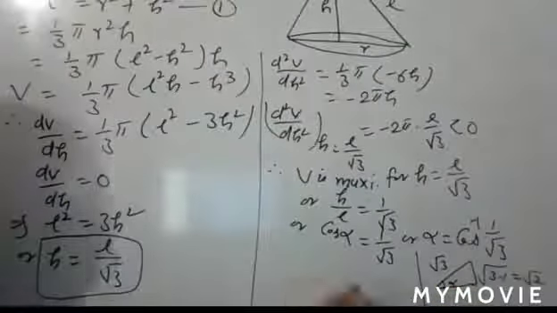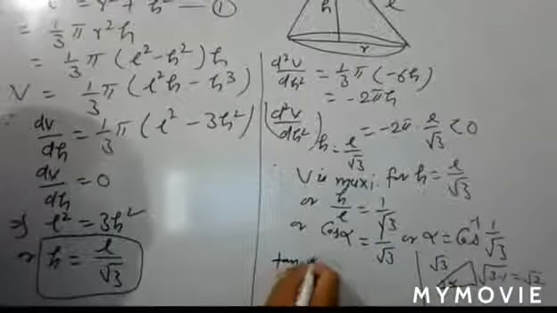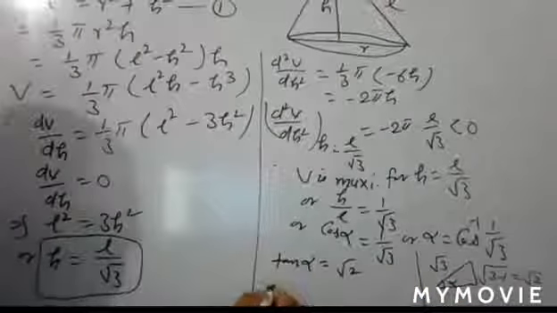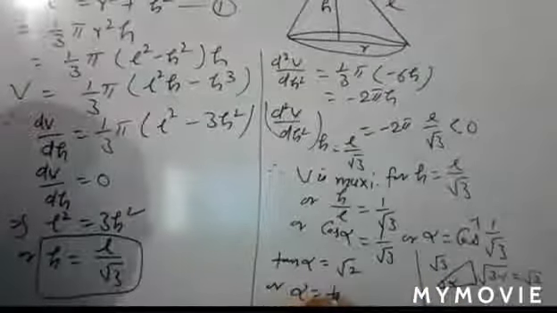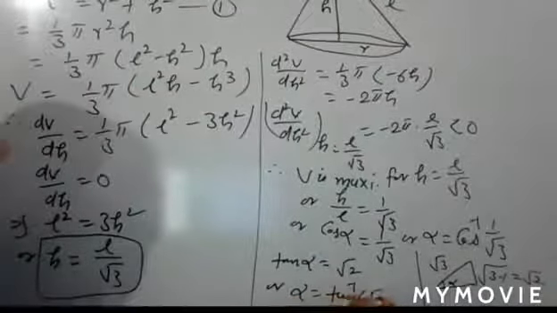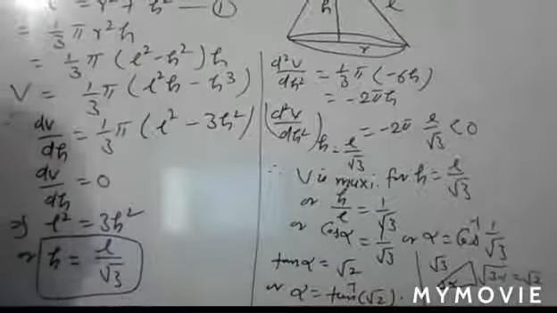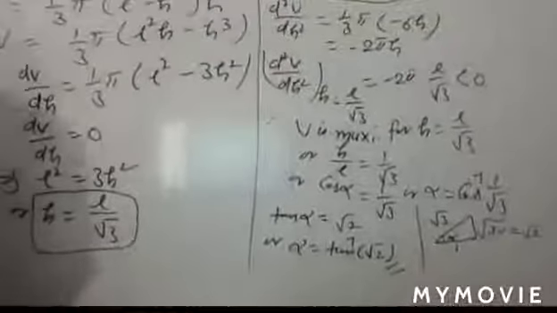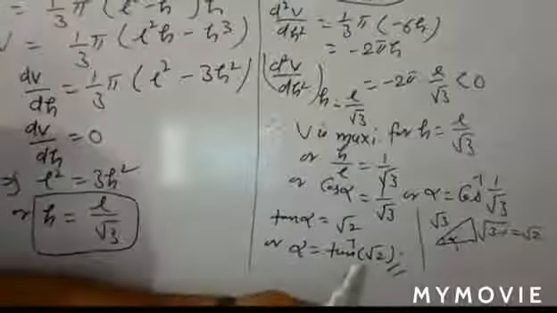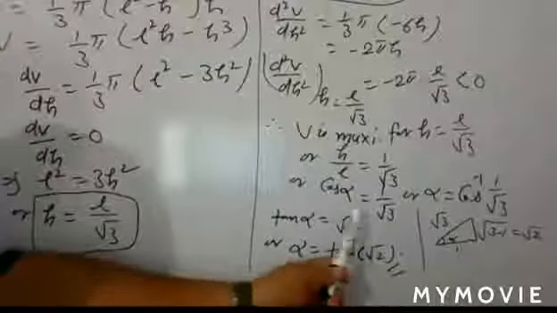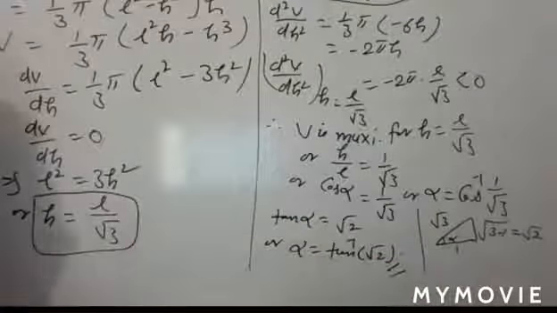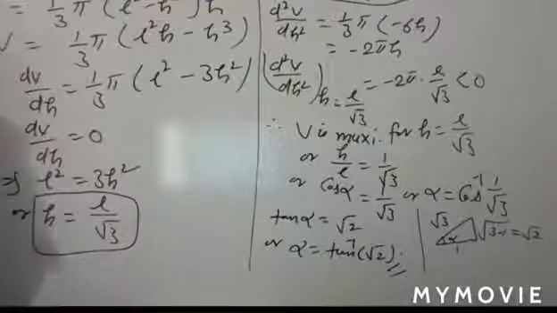So here tan alpha is equal to perpendicular upon base, which is root 2. So alpha is equal to tan inverse root 2. So in this way, you prove that the semi-vertical angle is either tan inverse root 2 or cos inverse 1 by root 3 when its volume is maximum. Is it clear to everyone?